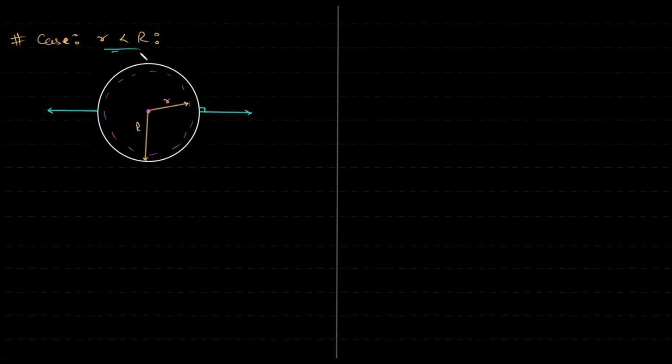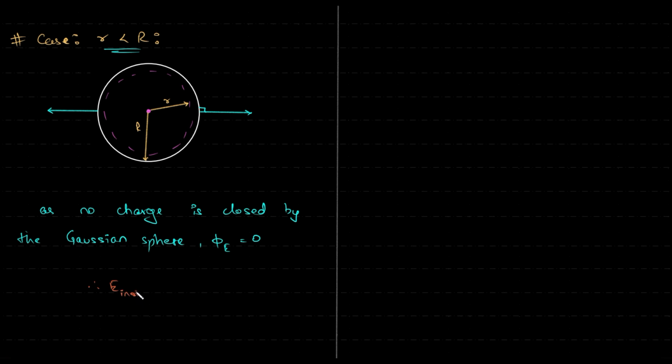But as a derivation, we have to talk about it, telling that no charge is enclosed by the Gaussian sphere, right? So your flux will be equal to 0, and therefore E inside is 0 newton per coulomb.